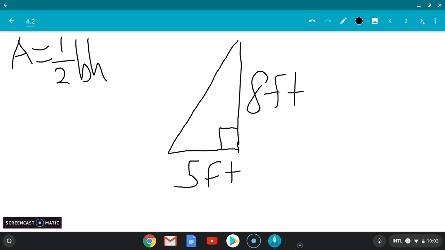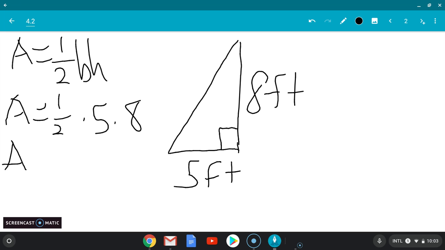If we plug those figures in, we get area equals 1/2 times 5 times 8. When you plug this into your calculator, if you prefer, you could enter 1/2 as 0.5. If I multiply the three of them together, I am going to end up with an area of 20 feet squared.